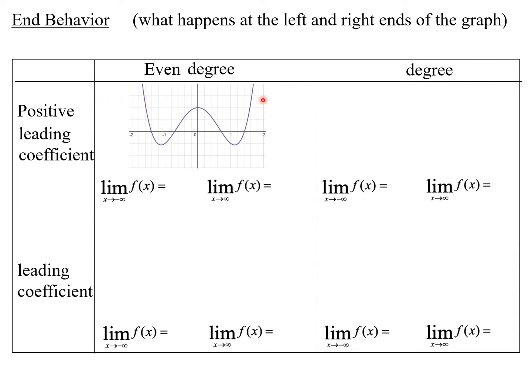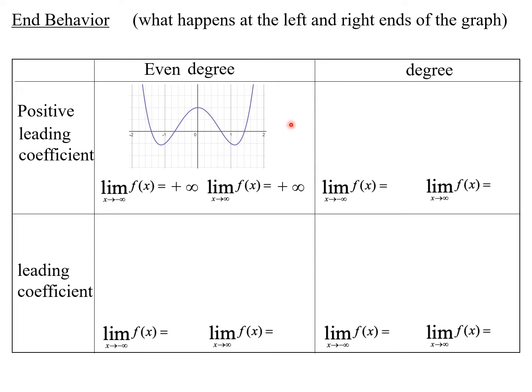It's going to go up at both ends. Therefore, the limit of f of x as x goes to negative infinity will be positive infinity. It's just going to keep going up as it goes to the left. The limit of the function as x increases to positive infinity will also be positive infinity. It goes to the right to infinity, it goes up to infinity.